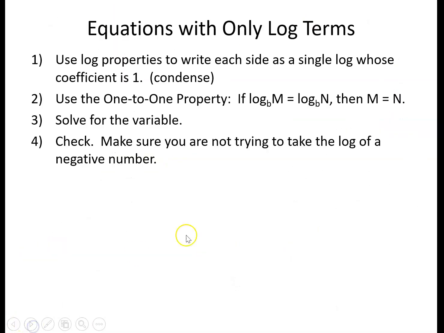But some log equations have only log terms, no constants. In that case, you're going to follow different steps, and actually these are probably easier than the first kind. Step 1, use log properties to write each side as a single log whose coefficient is 1. So you're going to have a log on the left side, a log on the right side.